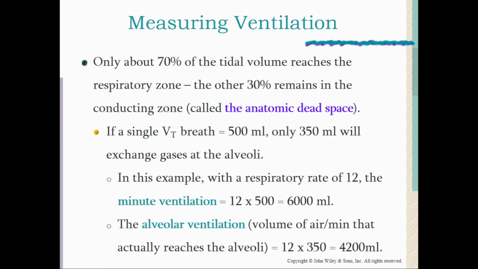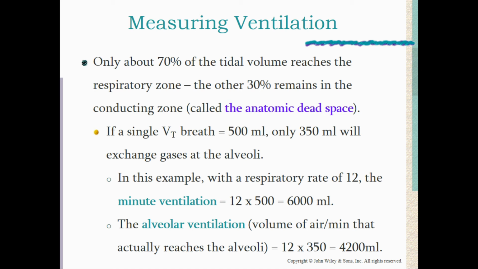If a single breath of your tidal volume equals 500 milliliters, then only about 350 milliliters will exchange gases at the alveoli. So that means 150 milliliters left over will still contain its oxygen. In this example, with a respiratory rate of 12, that would be how many breaths you take a minute.